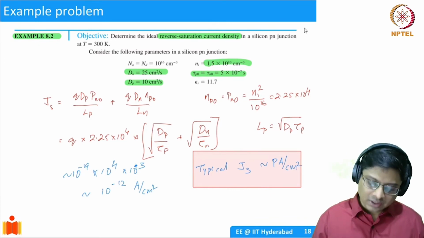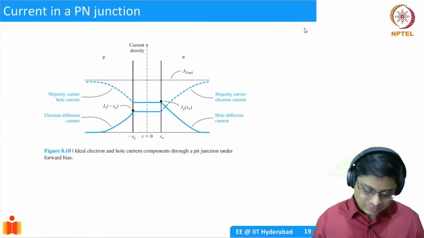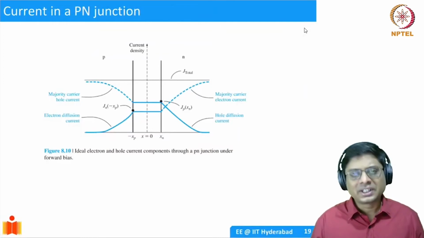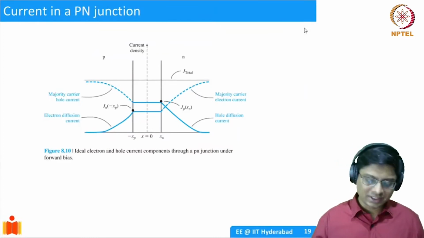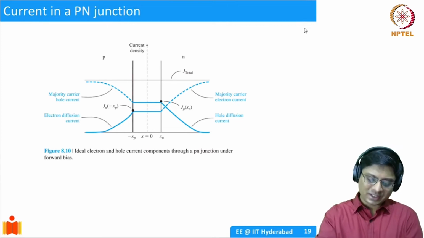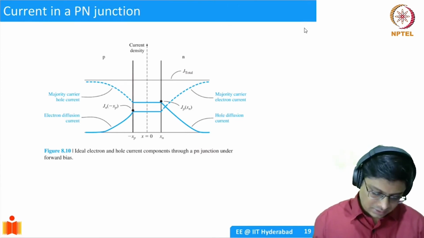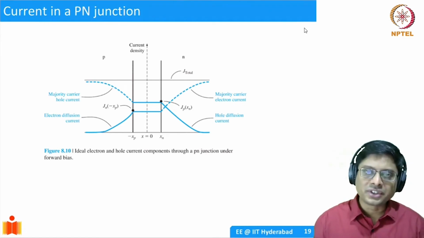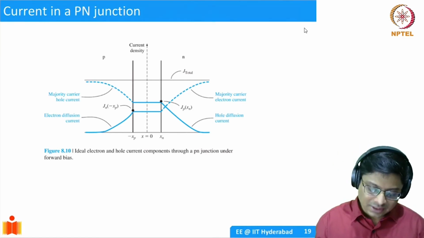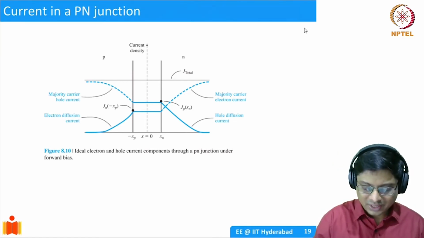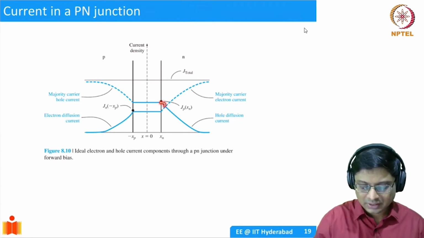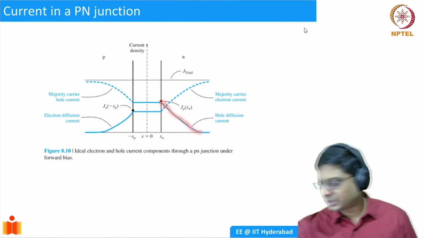Okay. And then with that, we can essentially sum up what the different currents in a PN junction are. So if you look at the various contributions, we saw that at the edge of the depletion region, you have the diffusion current, which is going to be dominant. And as you go deeper into the semiconductor, the diffusion current is going to reduce.